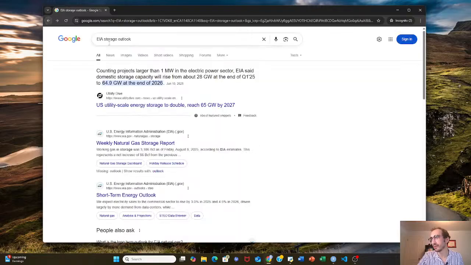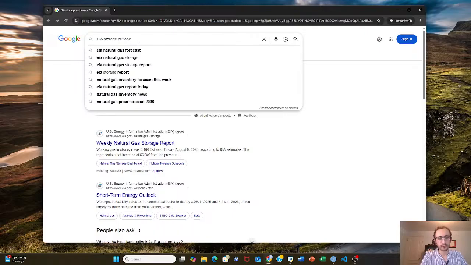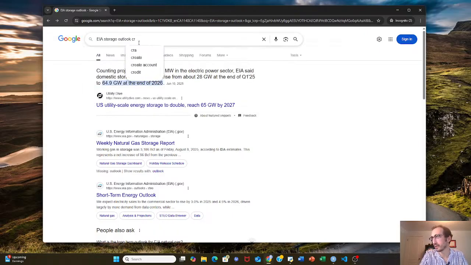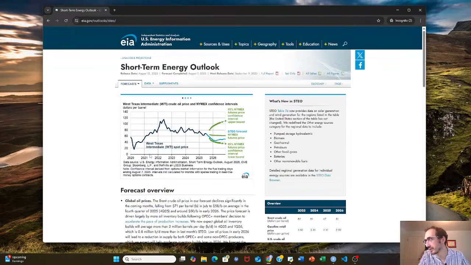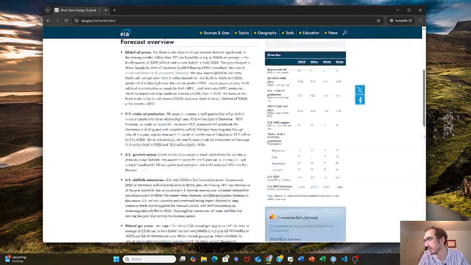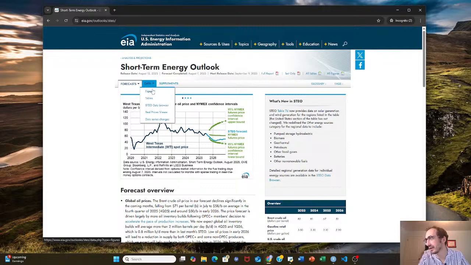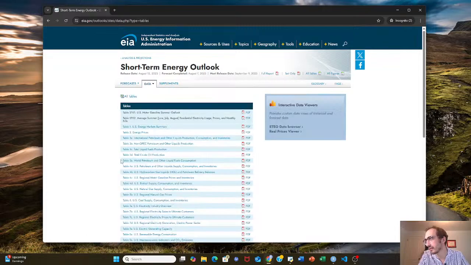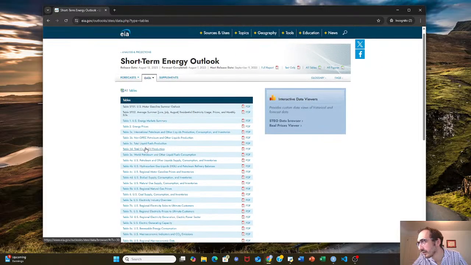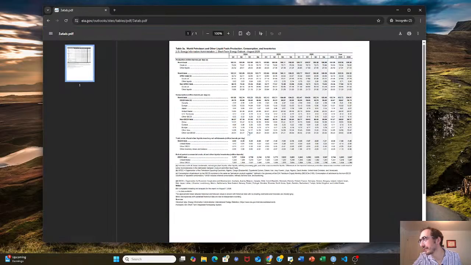No, there should be a crude oil one, or sorry, a production one. It should be data tables. Energy prices. Inventories. Here we go. I believe this might be it.